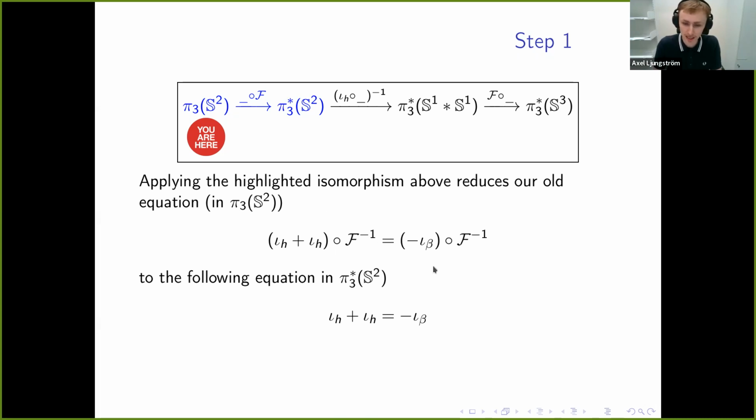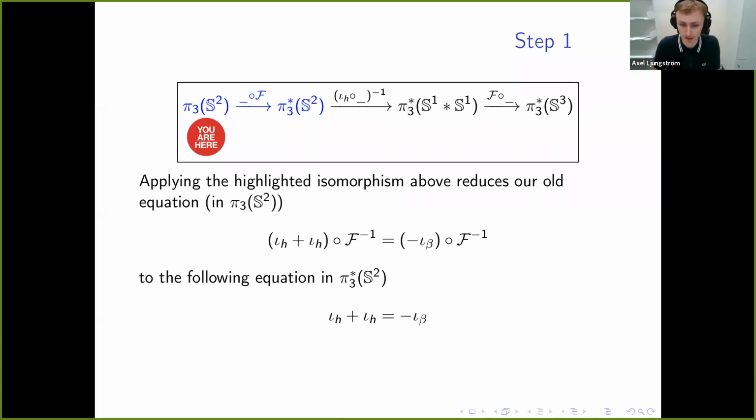If you compose these with F, then you just cancel out F inverse. So if we move over from here into here, we end up with a new equation that looks like this. We've completely got rid of this ugly F inverse everywhere.